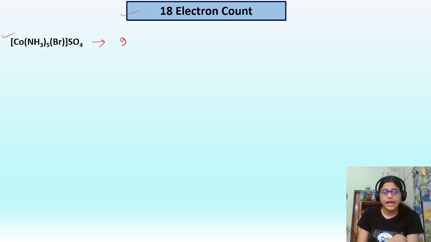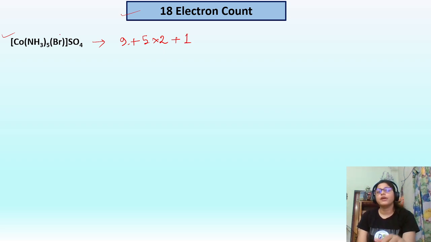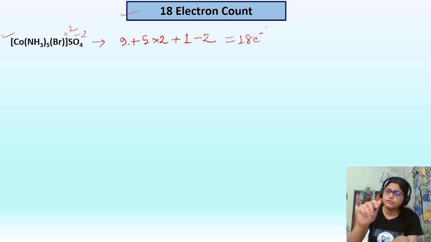Okay, so 9 electrons, plus NH3 is a neutral ligand, so 5 into 2, plus Br is a negatively charged ligand, so it will be 1, and overall charge we have to consider. So SO4 has minus 2, so it will be plus 2, and plus charge we have to subtract, so minus 2 will be there. And if there is negative charge, we have to add it. So 19, 20, so it will be 18. See, so it is stable.